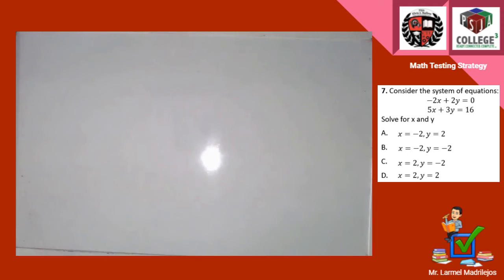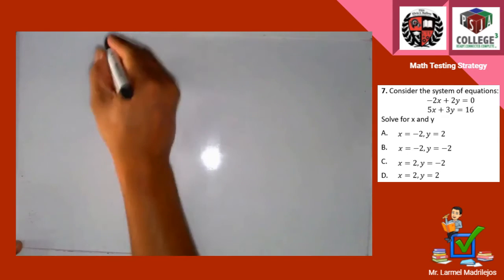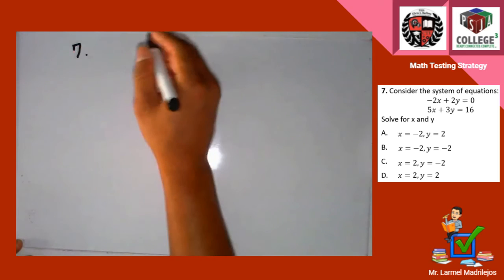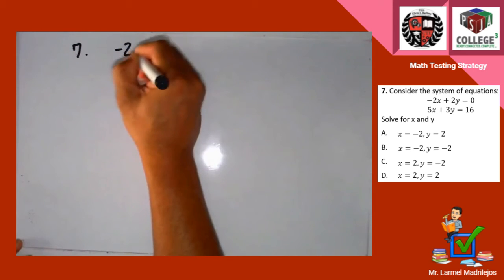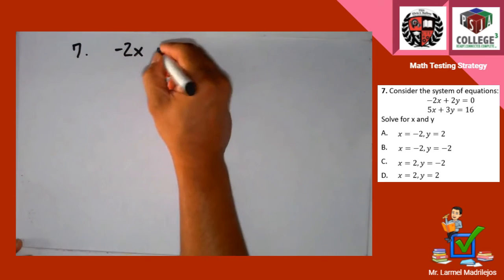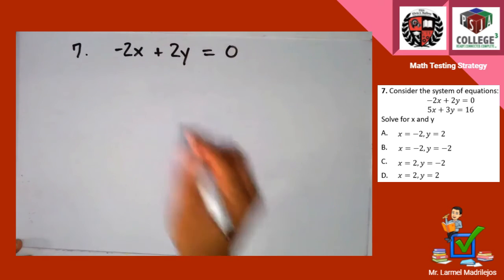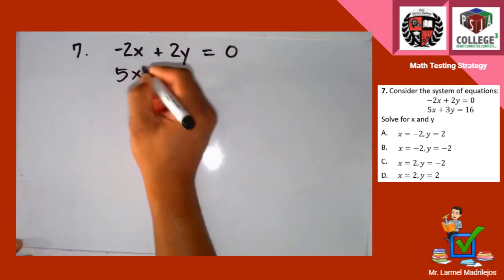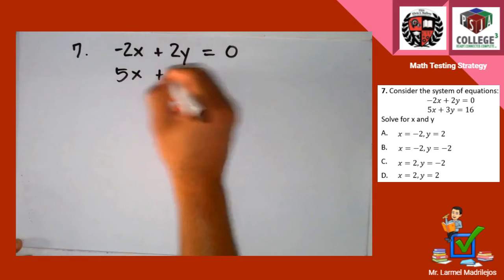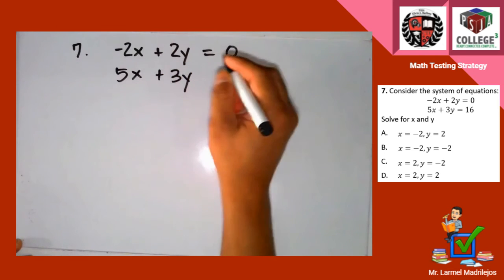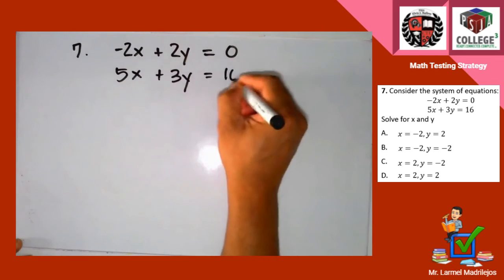Next, number 7. Consider the system of equations, this is number 7. Negative 2x plus 2y equals 0. 5x plus 3y equals 16.